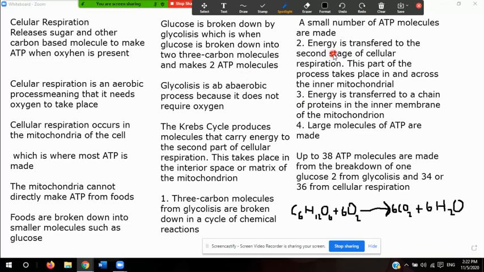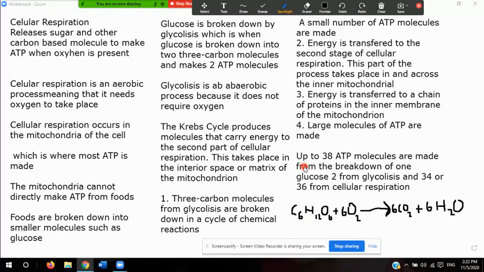The second step says that energy is transferred to the second stage of cellular respiration. This part of the process takes place in and around the inner mitochondria. So again, the first thing is that the carbon in the glucose molecule is broken down into 3 carbon-based molecules.